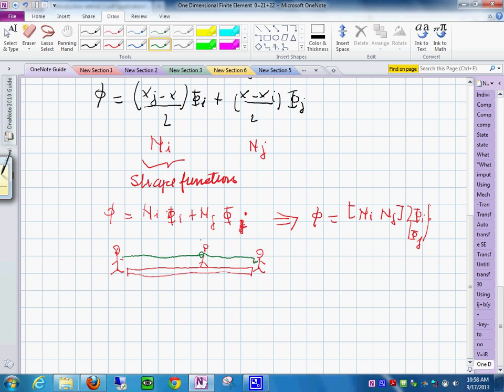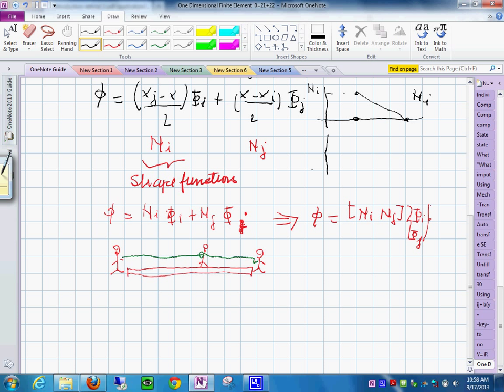For example, on this n sub I, we made a little picture, but it might not be a bad idea to repeat here what the value is. Let's take n sub I. What's the value of n sub I when x is equal to 0? This is equal to 1, and this is 0 at the other end. This is n sub I.